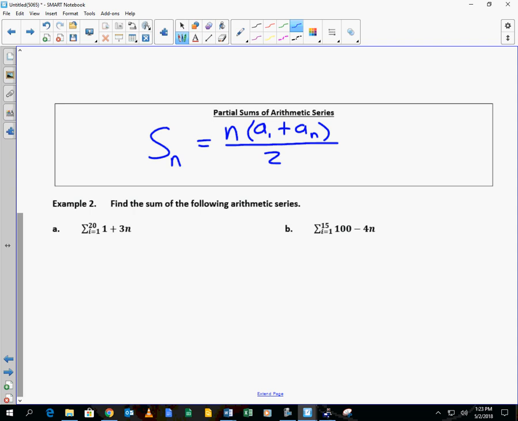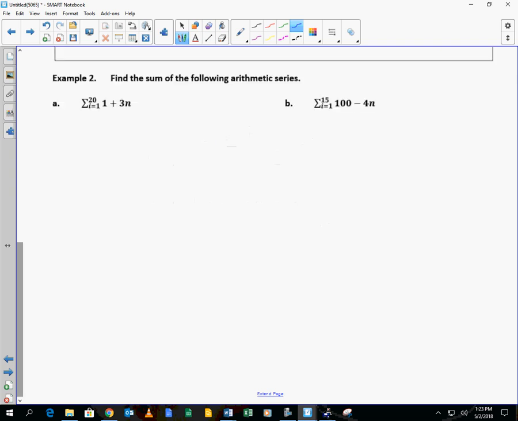So let's understand what we're doing for letter A. It says, find the sum of the following arithmetic series. We start with 1, and you plug 1 in, you get, plug in 2, and you get, plug in 3, and you get dot, dot, dot, all the way up to, if you plug in 20, you get 61.